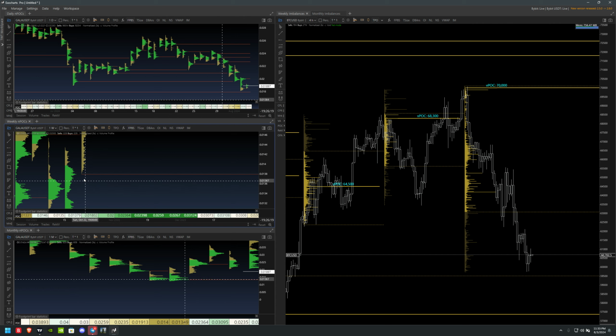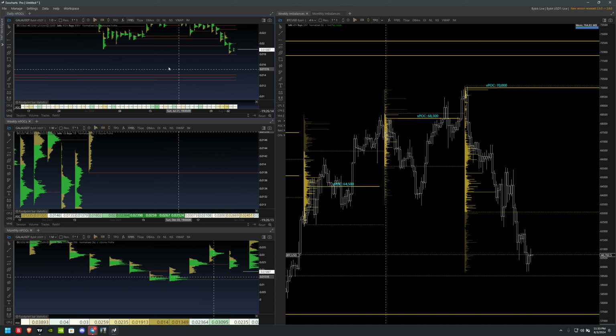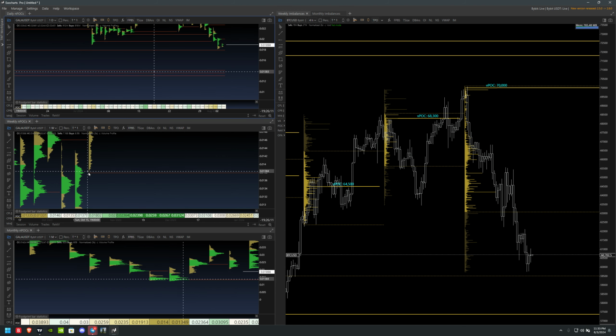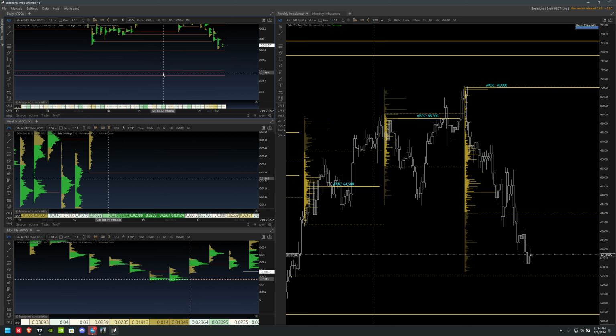And you can see our cursor aligned with this. Once we get right here, you can see all three. Down here is the monthly naked points of control, this is the weeklies, these are the dailies. If we're putting our cursor right here, you can see we have, sorry, look at right here.